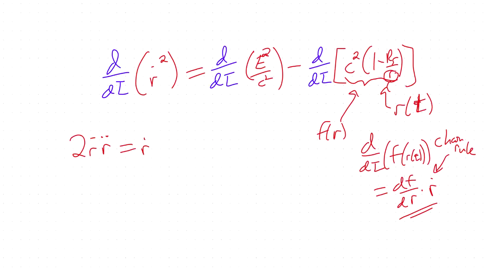Oh, by the way, this is 0. That's a constant. And you get your R dot out front here, and you get the minus sign, and the derivative of 1 minus RS over R.